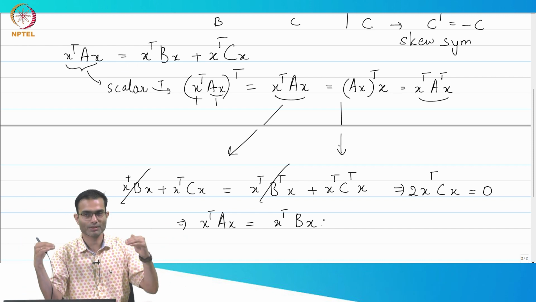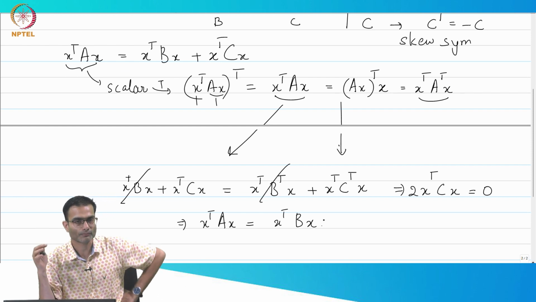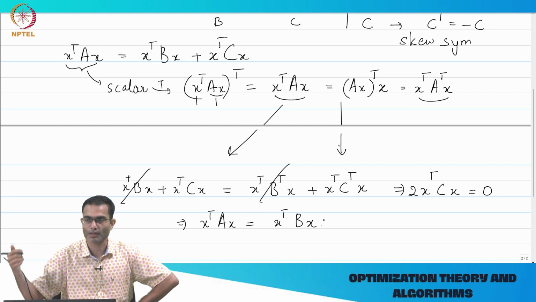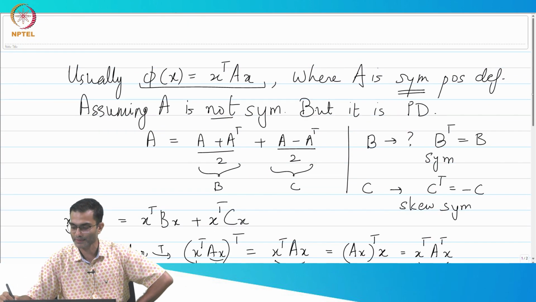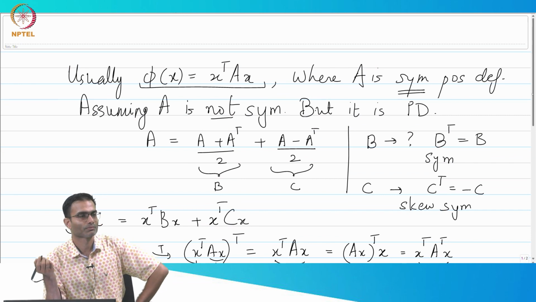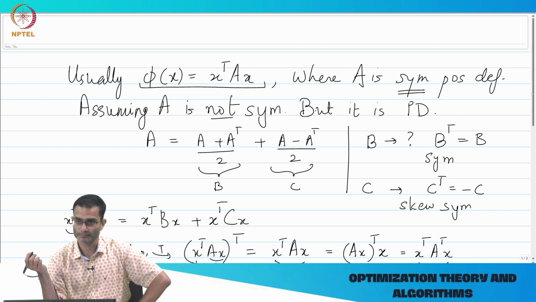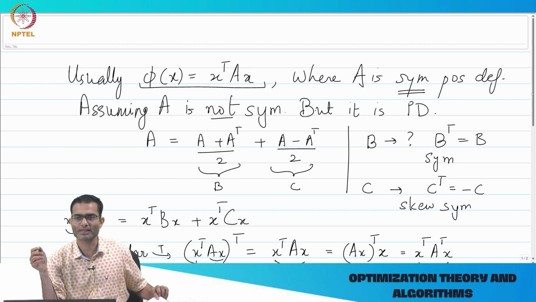When I stick an X transpose and X on both sides, from left and right, it's going to knock off the skew symmetric part, right? So now we can come to the part of elegance which was stated earlier, that if you know this to be the case, may as well start working with a symmetric matrix in the first place itself, right? Because it's not going to matter. Is that clear? Very simple linear algebra.